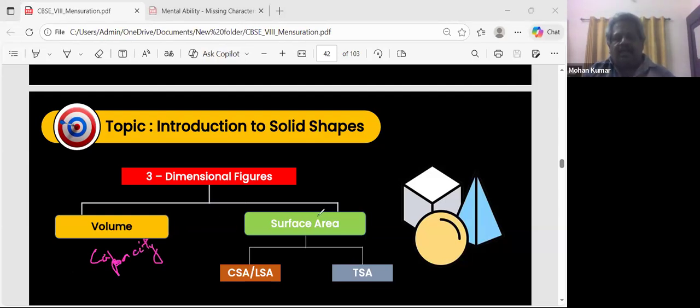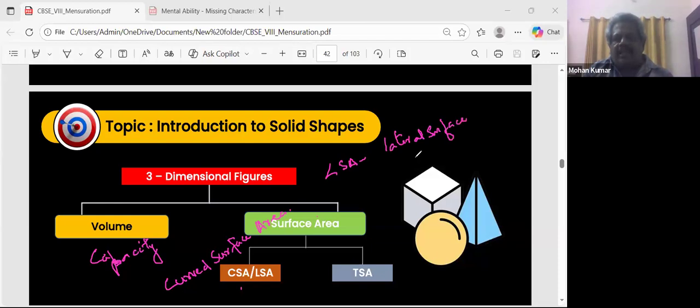And surface area, we have to know 2 things. One is CSA. CSA means curved surface area. And LSA means lateral surface area.